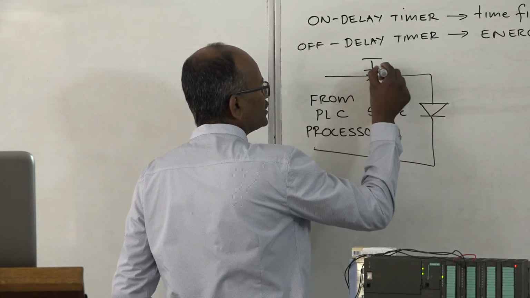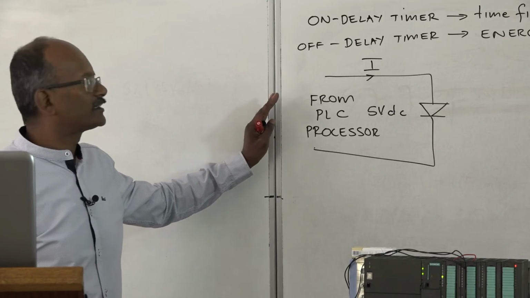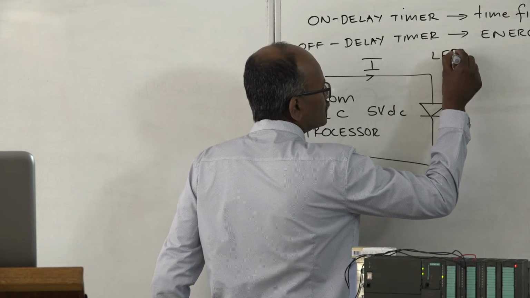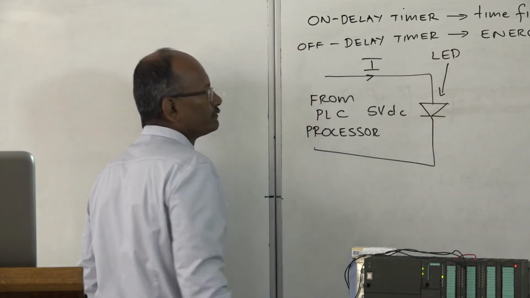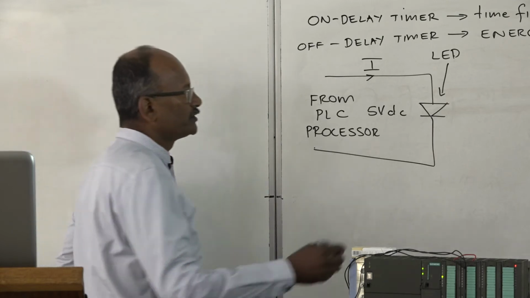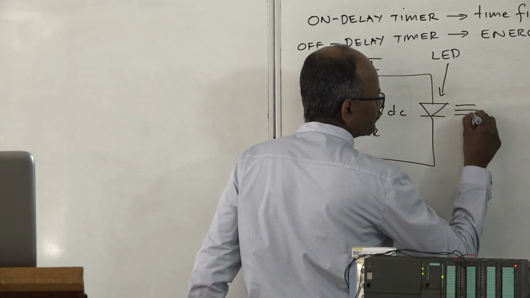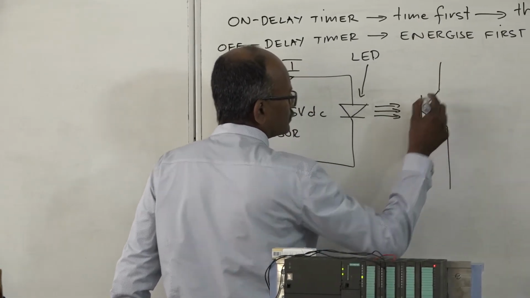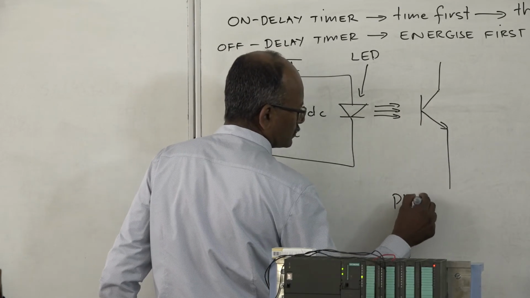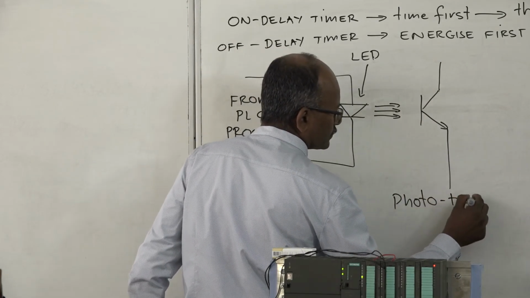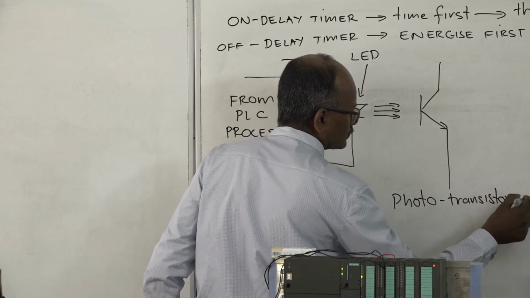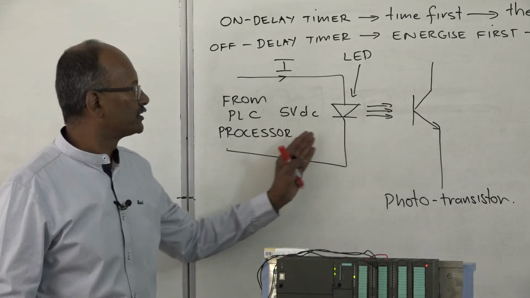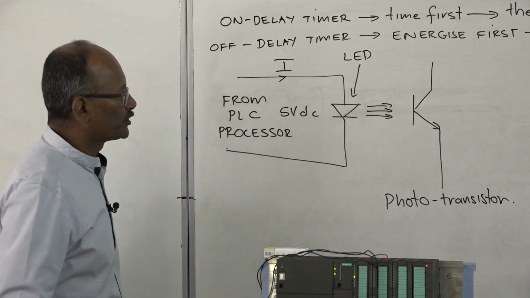So once I have current in here, that means this specific output is turned on. You would find that this LED would actually turn on. Once the LED turns on, you know it's a light emitting diode. It will emit light. And this is attached to a phototransistor. Okay? And you can see that there is no physical contact or physical connection between the LED and the phototransistor.